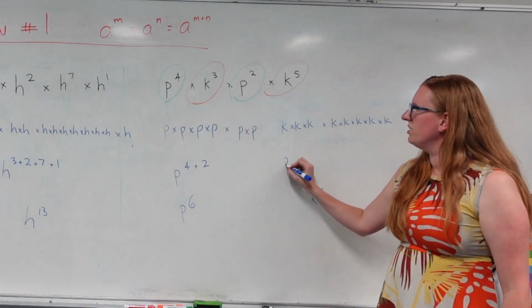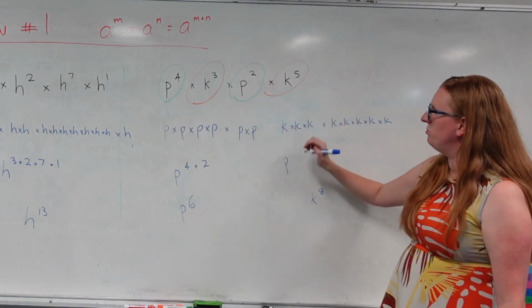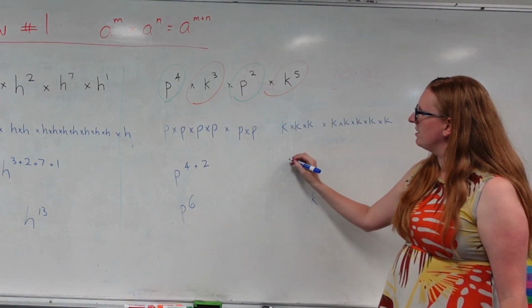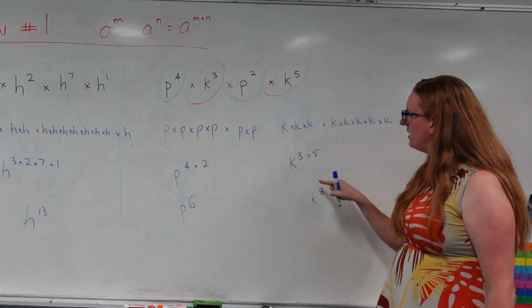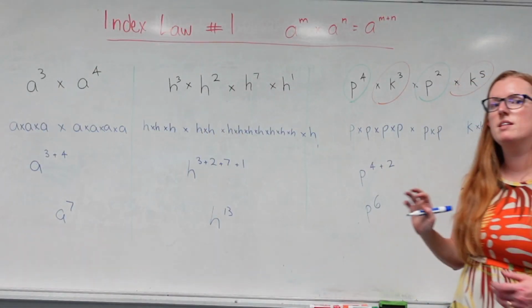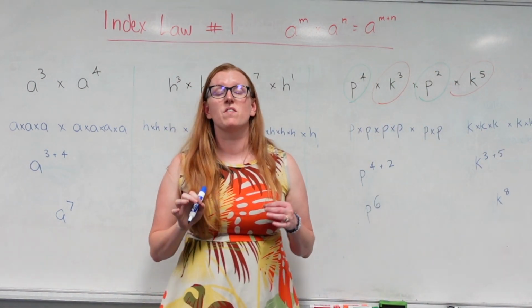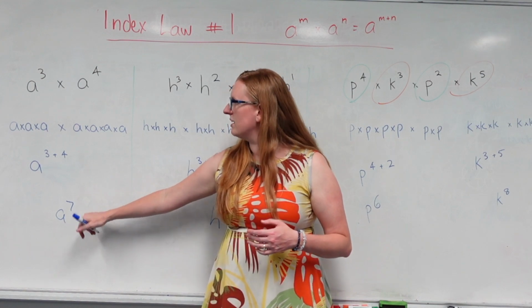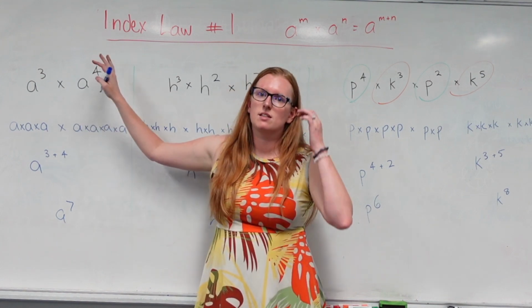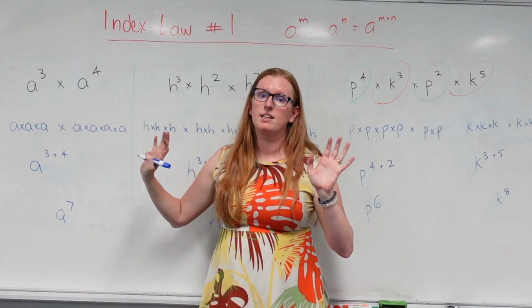Or I could have just gone, according to the law, I could have skipped this whole bit and gone, oops, why do I keep writing p? I could have gone k to the power of 3 plus 5, which would have equaled 8. So this law gives us a fast way of figuring out what it's going to be when we've got same bases with different indices. You just add the indices.